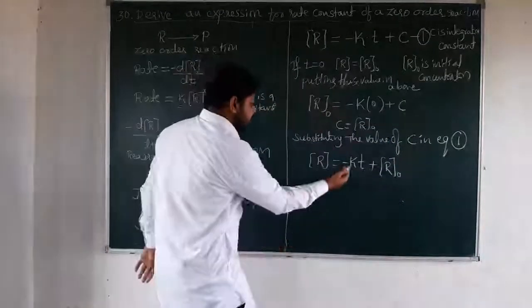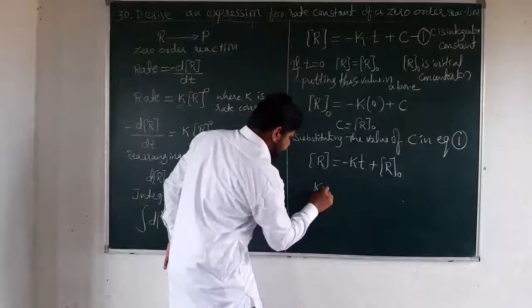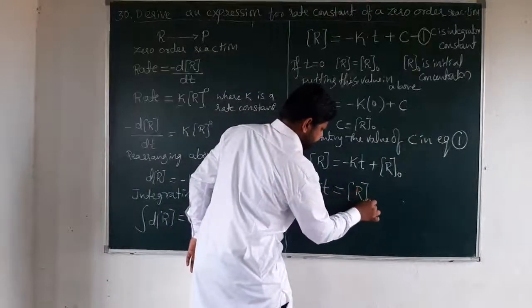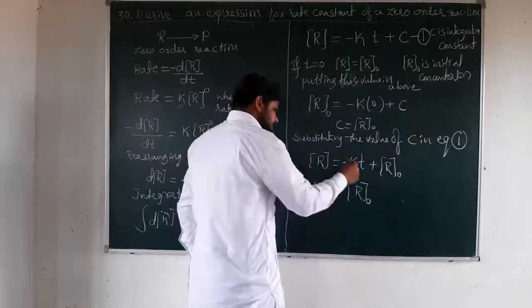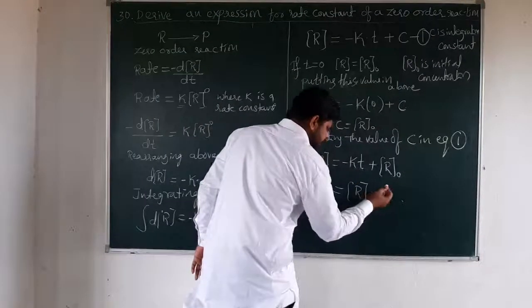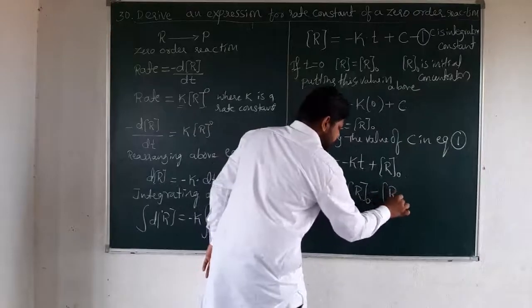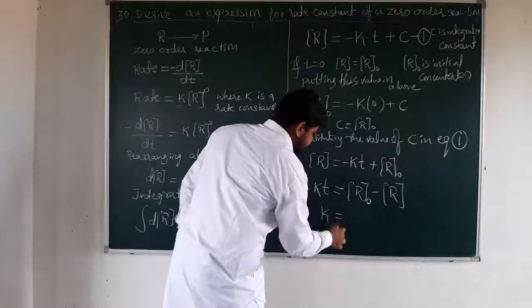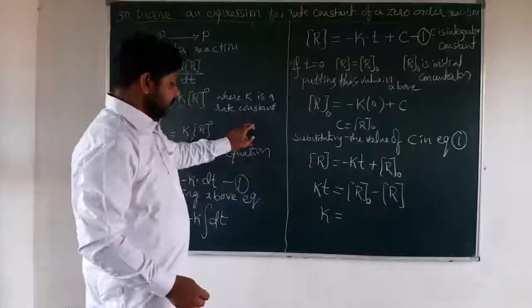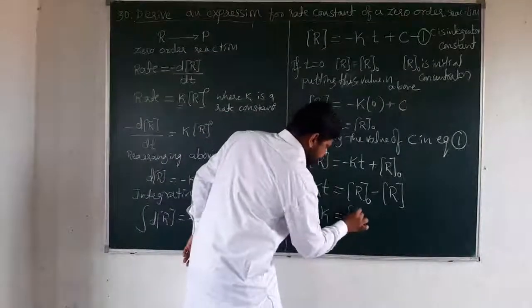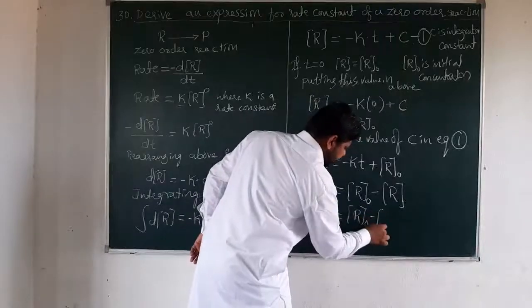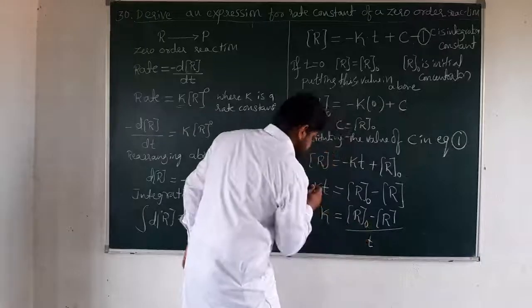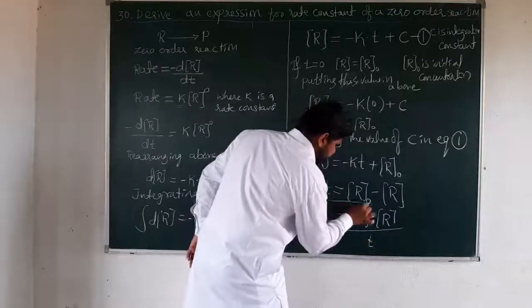Now just rearranging, minus k t brought to the left side becomes plus k t equals [R] naught, and [R] from the left side shifted to the right becomes minus [R]. So k, the rate constant, equals [R] naught minus [R], the concentration of reactant, divided by t.